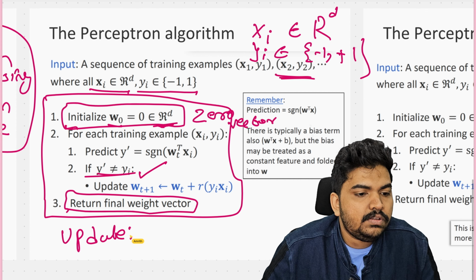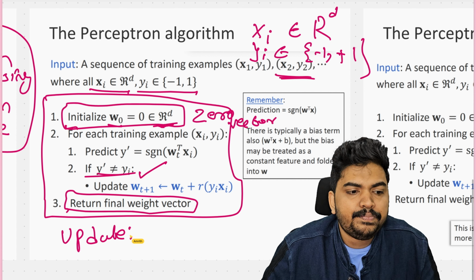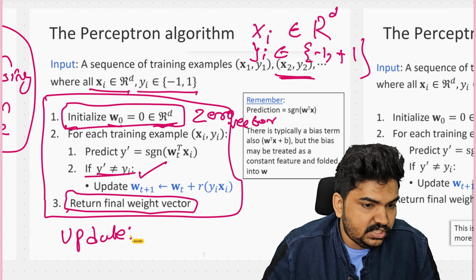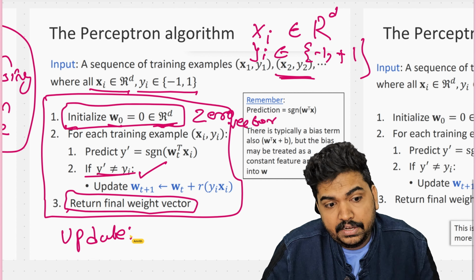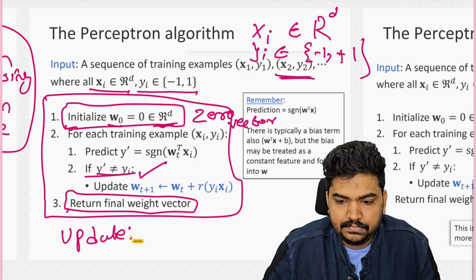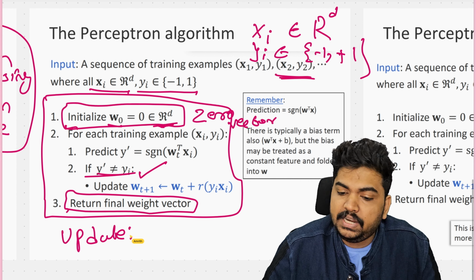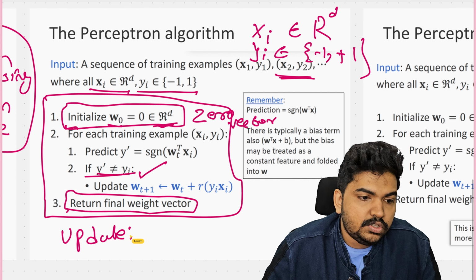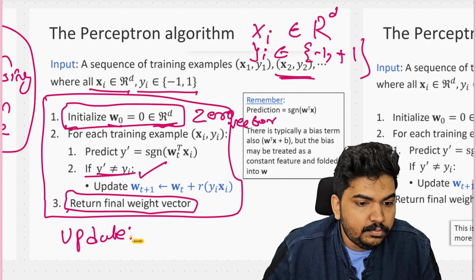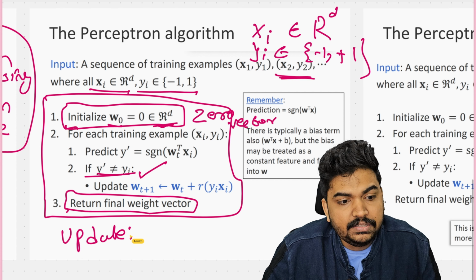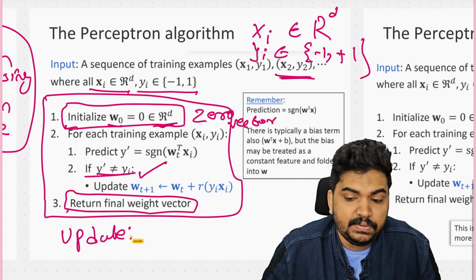So we have the current weights Wt. We also have the features for the current input, that is xi. We also have the label, which is yi. So we simply multiply the label with the features and further use a constant r to multiply it.